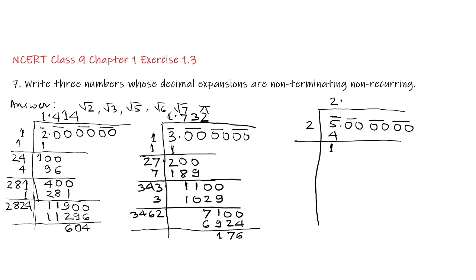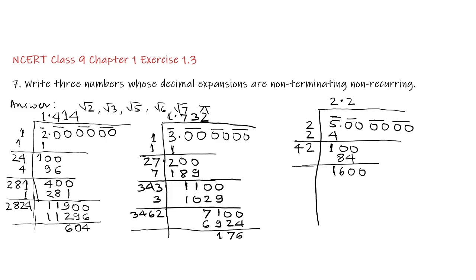I put decimal and carry 2 zeros and add the 2 of the quotient to the divisor. So 2 plus 2 is 4. Now I divided by 2 again. I put 2 after 4, it becomes 42. 42 multiplied by 2 is 84. On subtracting 84 from 100, the balance is 16.